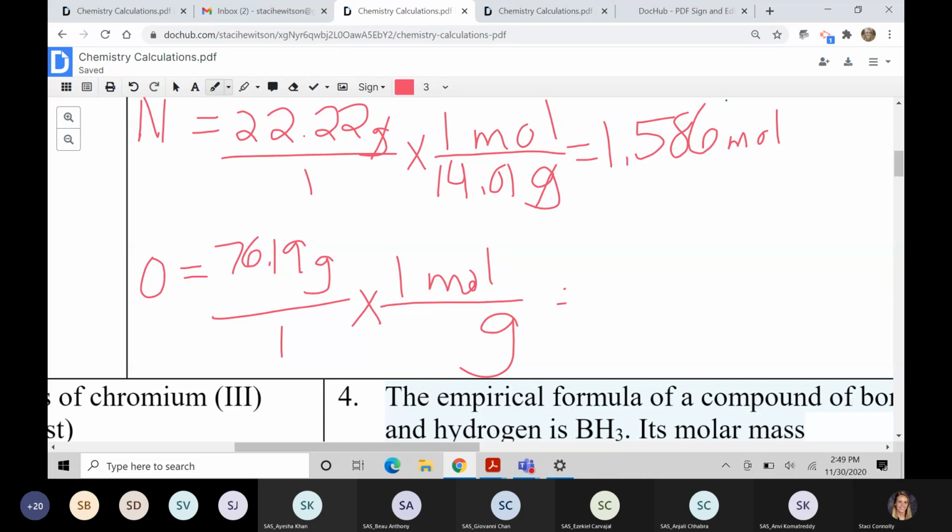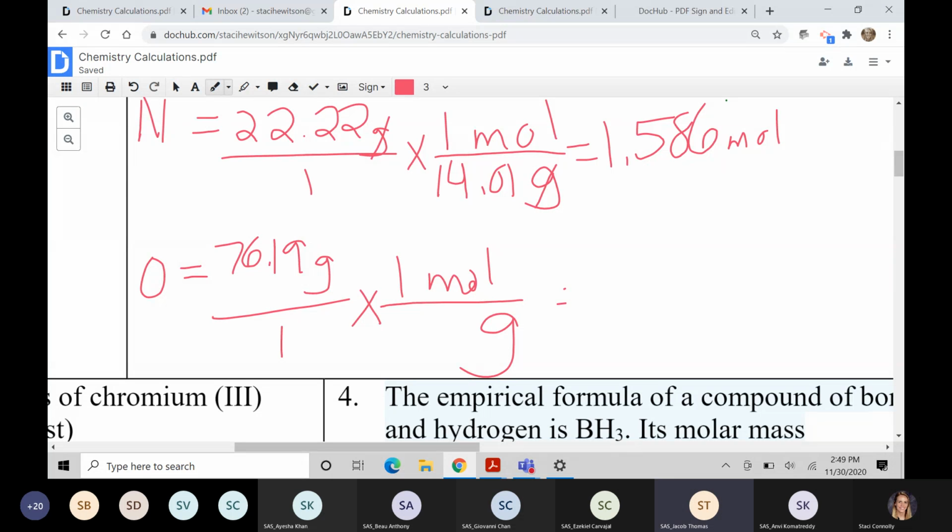Yeah. All right, Jacob, what's the molar mass of oxygen on the periodic table? 13.6.